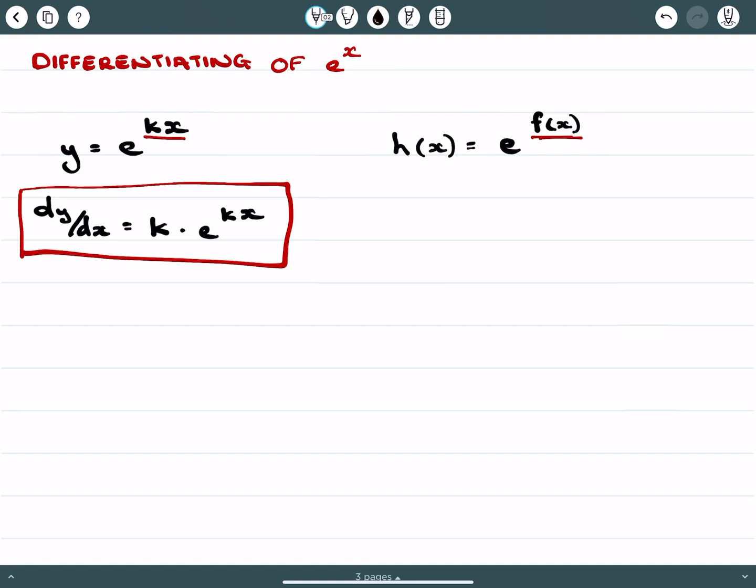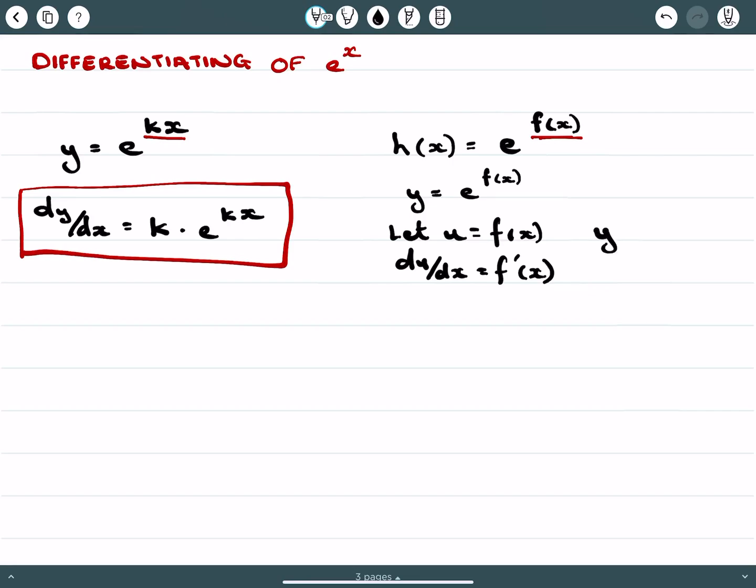Now, if we remember with our chain rule, we might say y equals e to the f(x), and we'll say let u equal f(x). Therefore, if I write du dx, that's simply going to be f dash x. Different notation, but they mean the same thing.